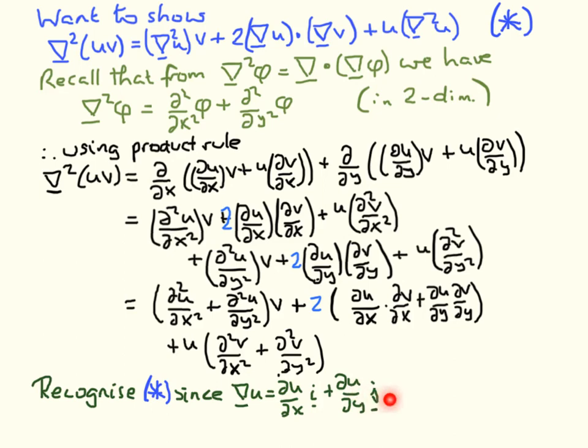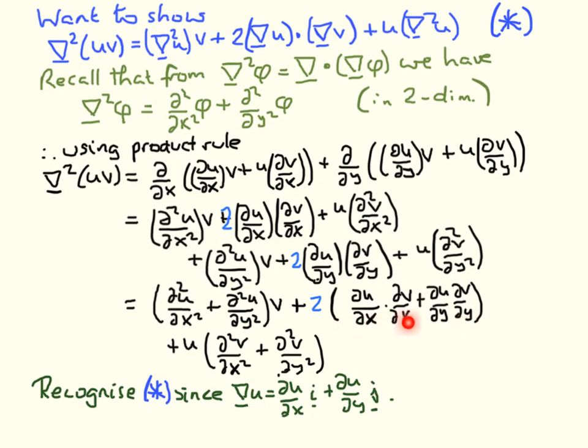And if we take the scalar product, we would have du dx times dv dx, so that the terms in the i direction multiplying together, and that's this, plus when we take the scalar product of the gradient of u, the gradient of v, we'd have du dy multiplied by dv dy. And that is this term here.